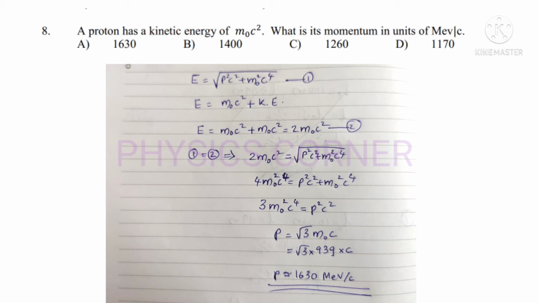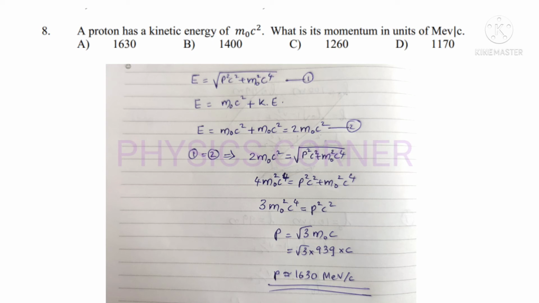And we have equations 1 and 2. We can equate these equations, which will give 2 m0 c square equal to square root of p square c square plus m0 square c raised to 4. So after doing all these operations, we will get the final expression as p is equal to root 3 into m0 c.